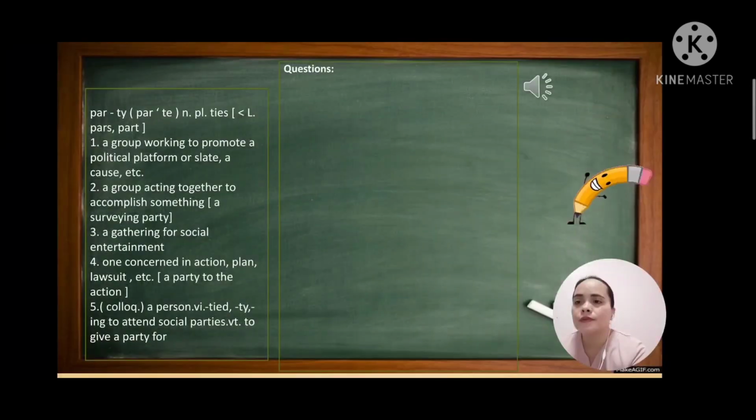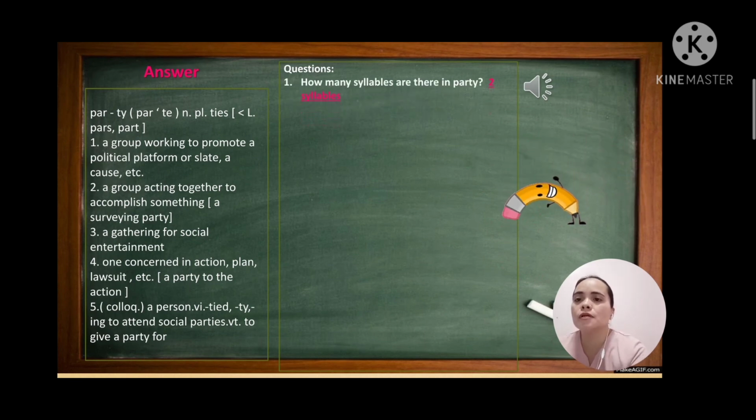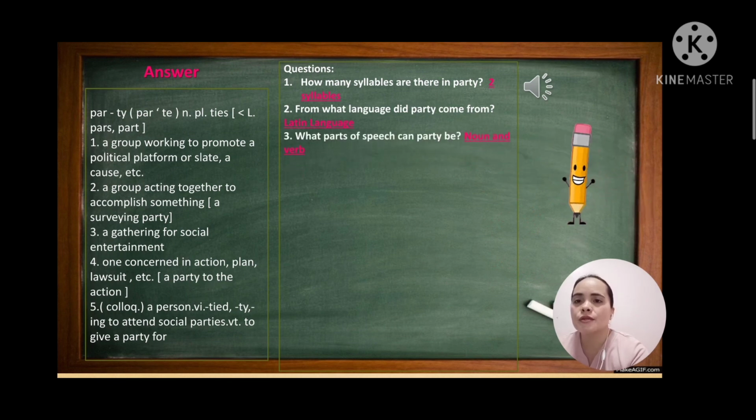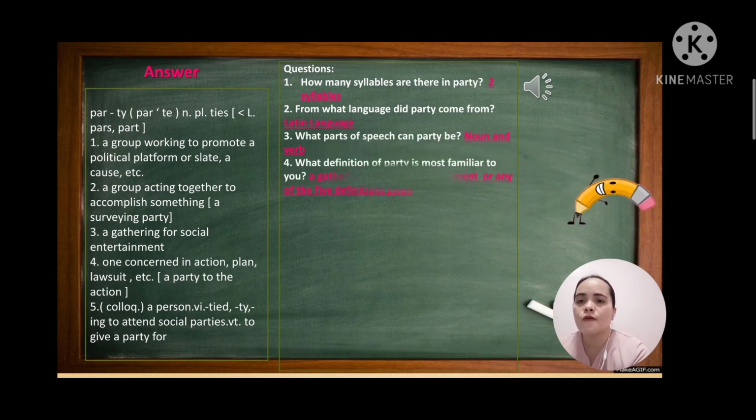Now let's check your answers. Your first question, the answer is 2 syllables. Number 2, Latin language. 3, noun and verb. 4, a gathering for social entertainment, or any of the 5 definitions given.